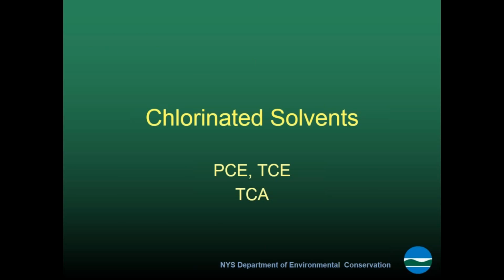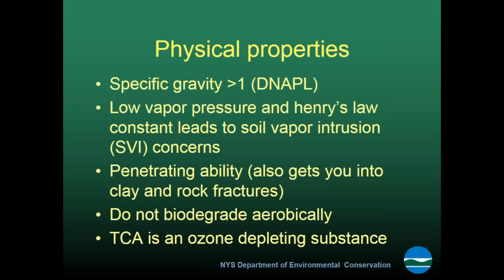Okay, I want to talk a little bit about chlorinated solvents, because these are a very, very important contaminant that we all deal with. It has a specific gravity greater than 1, so it acts as a DNAPL, as pure product, which means it drops through the groundwater until it comes to a lower permeability material, like a clay.